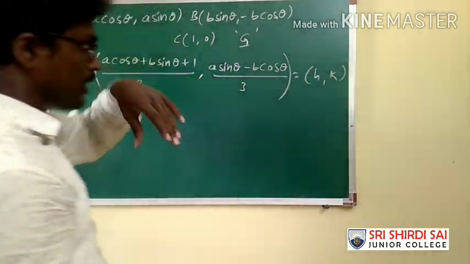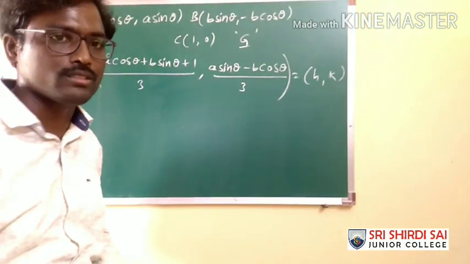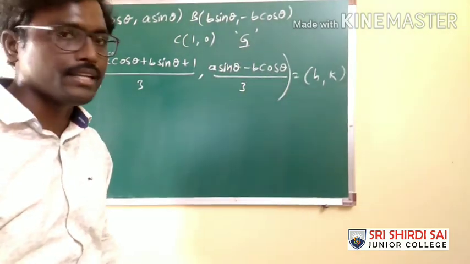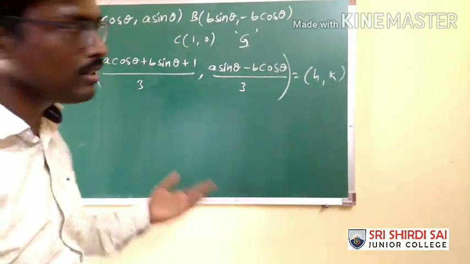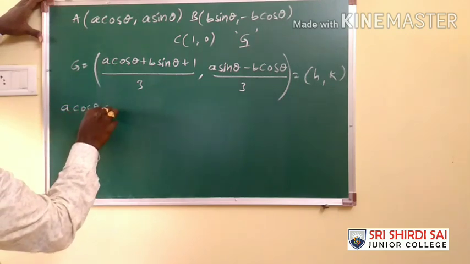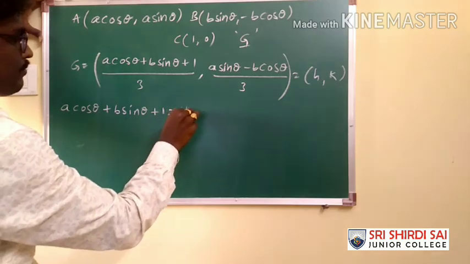Why? We are talking about the locus of the centroid. What do we generally take as the locus point? h comma k. Now we are supposed to equate them, and we will be eliminating theta to obtain the equation of the locus. So what will you get? A cos theta plus B sin theta plus 1 is equal to 3h.